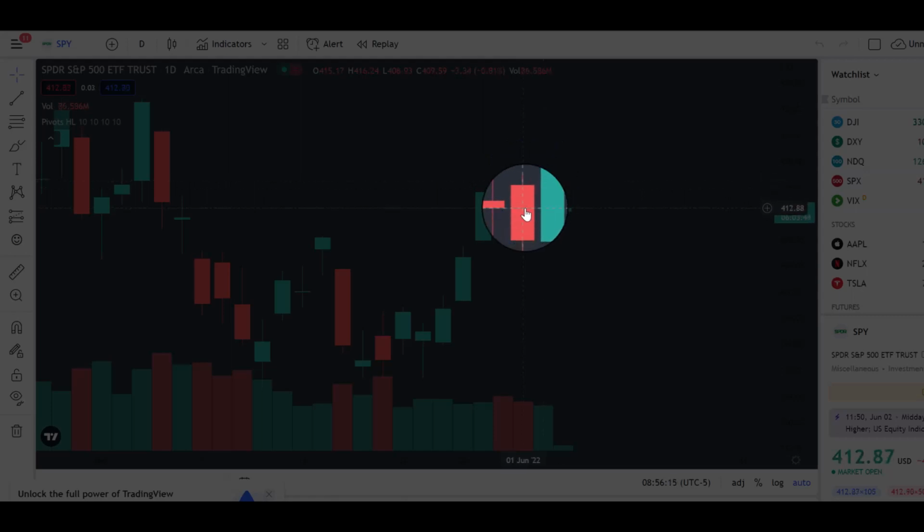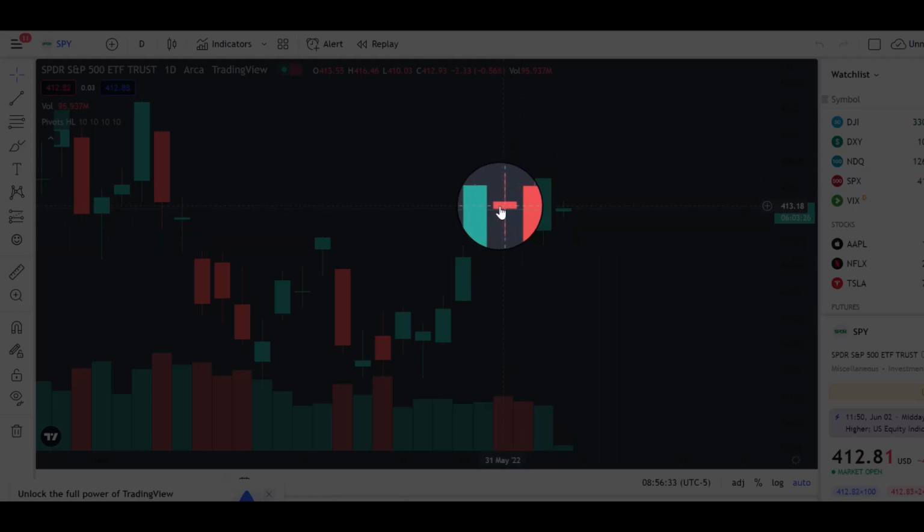June 1st, we opened up here, and we closed down here because we had enough bearish volume to push the price down significantly. And here is the bottom wick and the top wick.